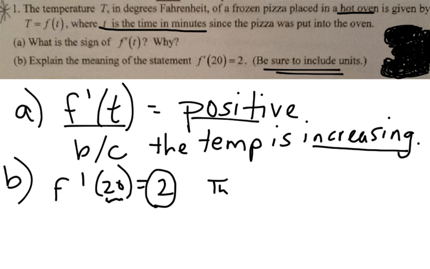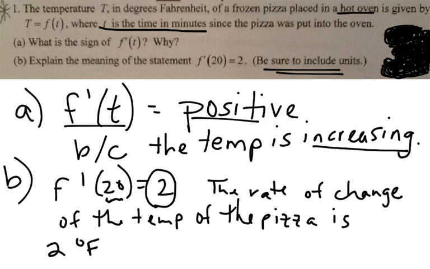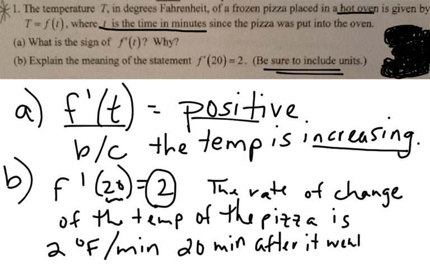So the rate of change of the temperature of the pizza is 2 degrees Fahrenheit per minute, 20 minutes after it went into the oven.